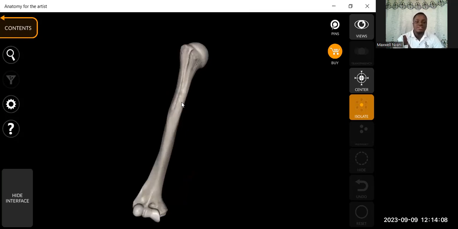Now, the next is side determination, according to our outline for talking about this bone. I told you side determination is simply knowing the left from the right, trying to tell which side the bone is.